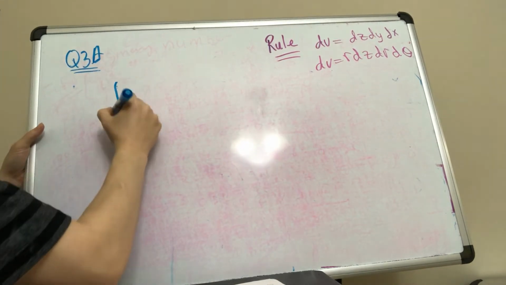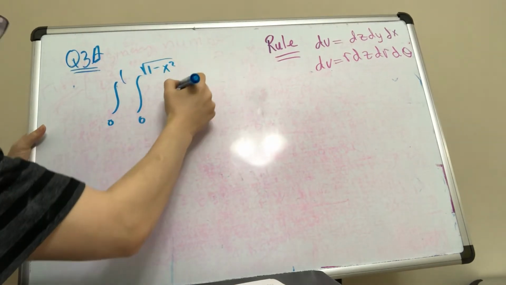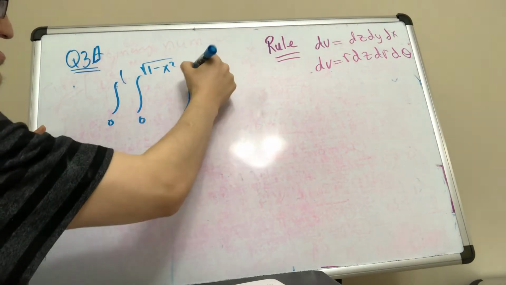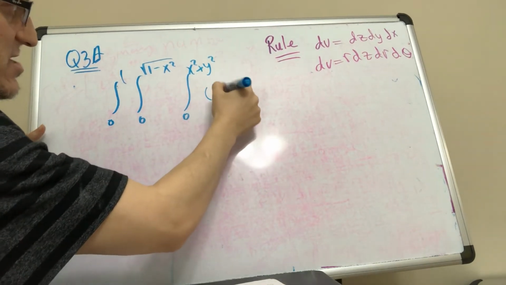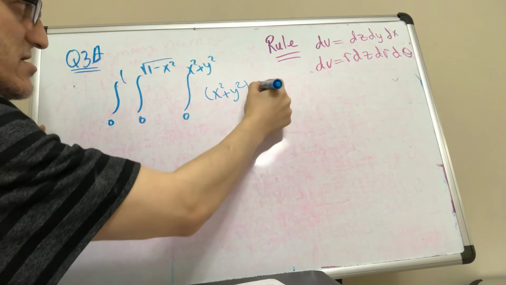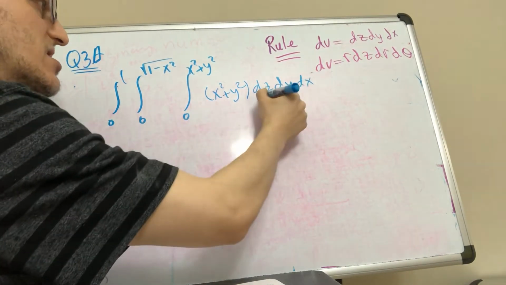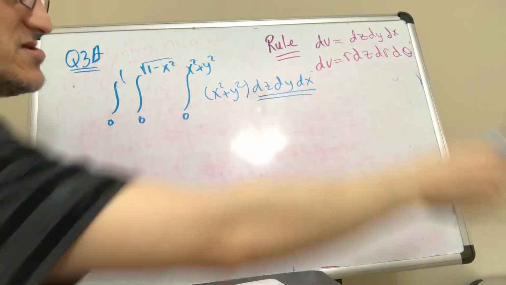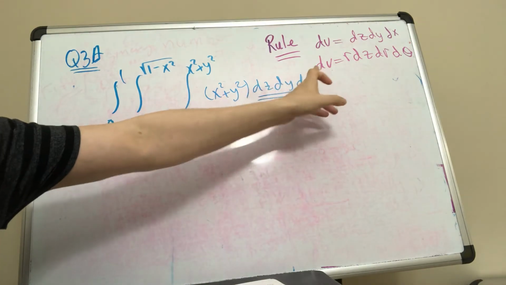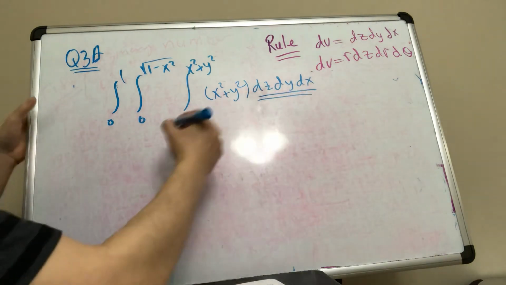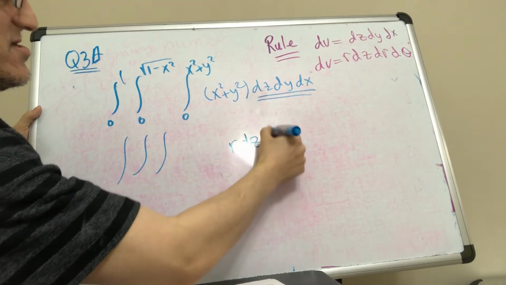It was to integrate 0, 1, 0, square root of 1 minus x squared, 0 to x squared plus y squared, and it was x squared y squared dz dy dx. And I told you, dz dy dx is dv, and if you decide to switch to polar, dv becomes r dz dr d theta.